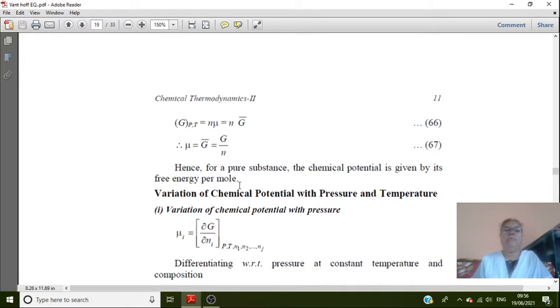Remember, for a pure substance, the chemical potential is given by its free energy per mole.